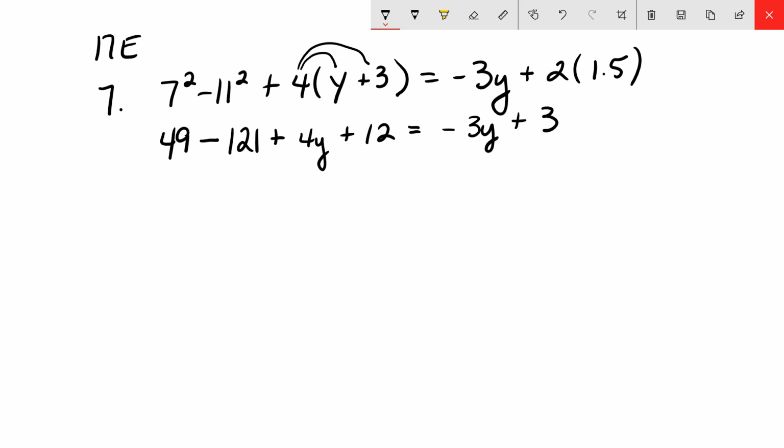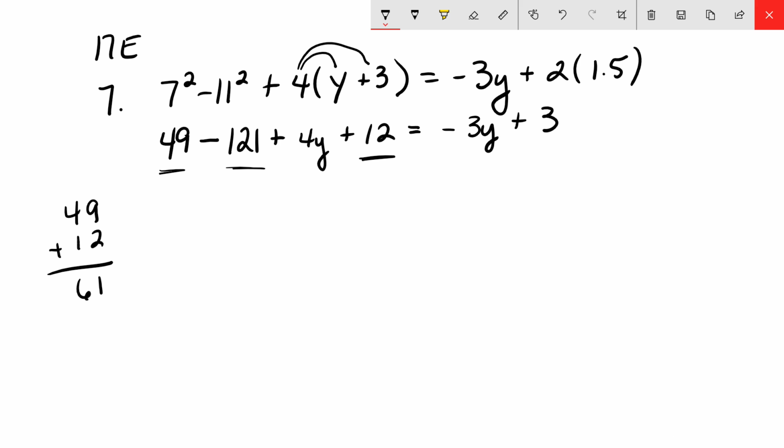All right, start combining like terms. I have this 49 and this negative 121 and this 12. Okay, I'm going to take those and when I put those together, look at the 49 plus the 12.